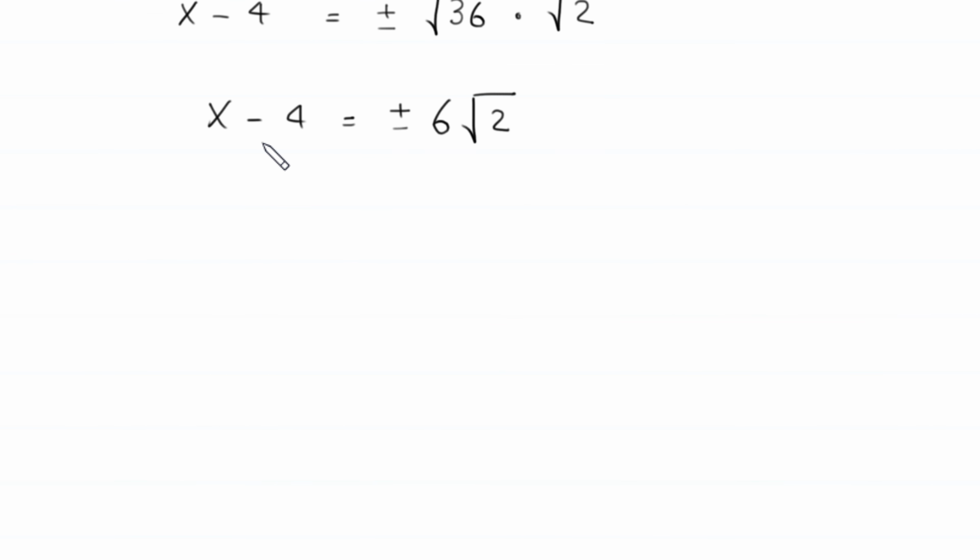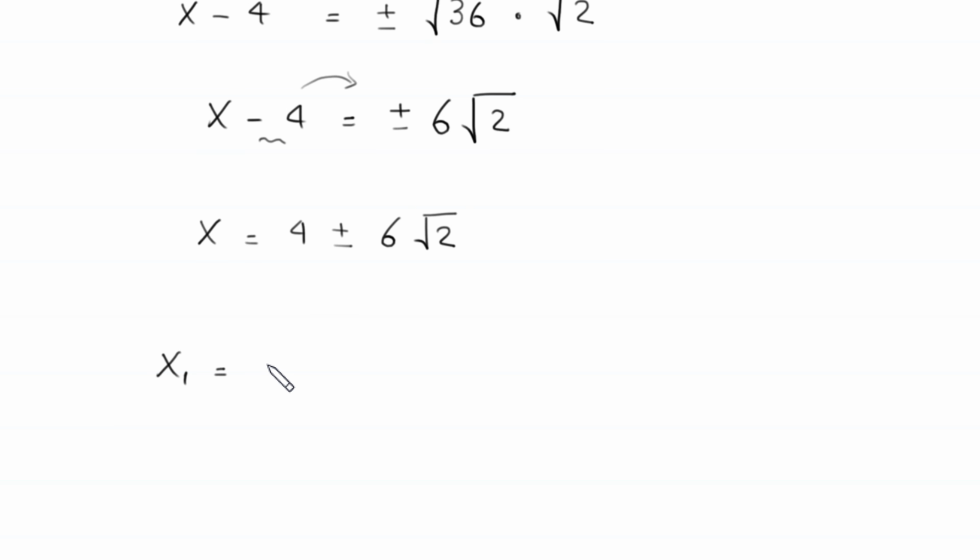Now we move this negative 4 to the right hand side. This will become x is equal to 4 plus or minus 6 times root 2. It means that from here we get two values of x.